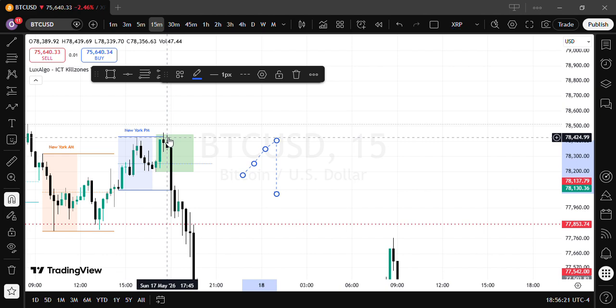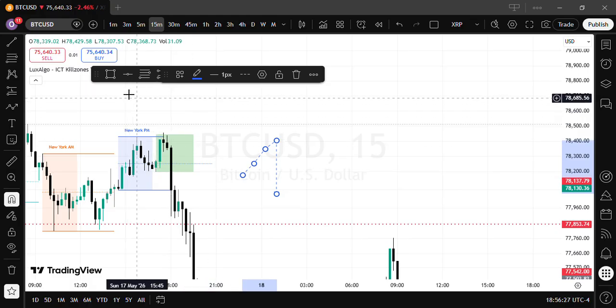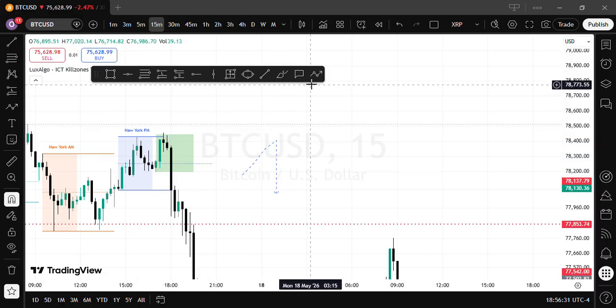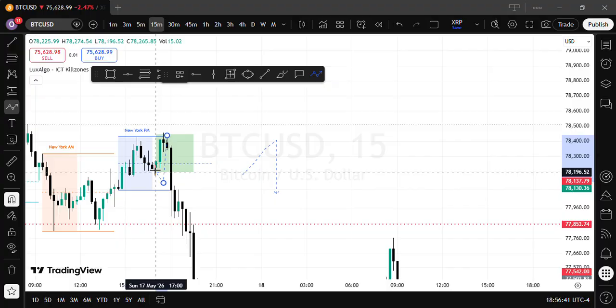But let's assume that after this last high right here, the next candlestick took out this low immediately.